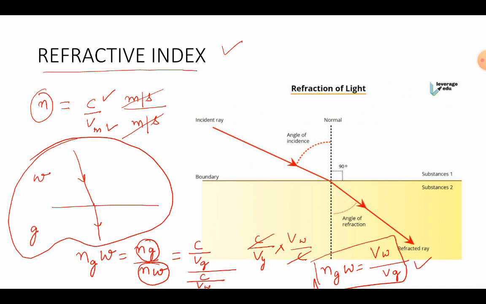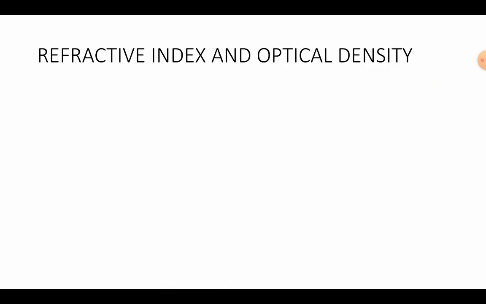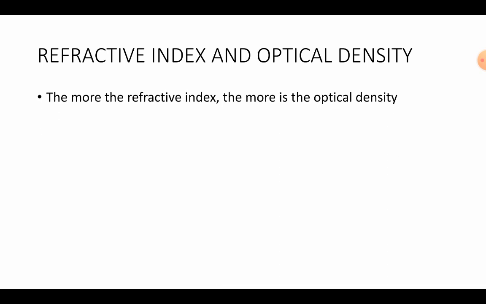So if your answer is this and it is right, it means that you all are understanding in the right way. Now, when we are discussing refractive index, we often wonder: is there any relationship between refractive index and optical density? So the answer to this is yes, there is a relation between refractive index and optical density, and that relation is a direct relation.